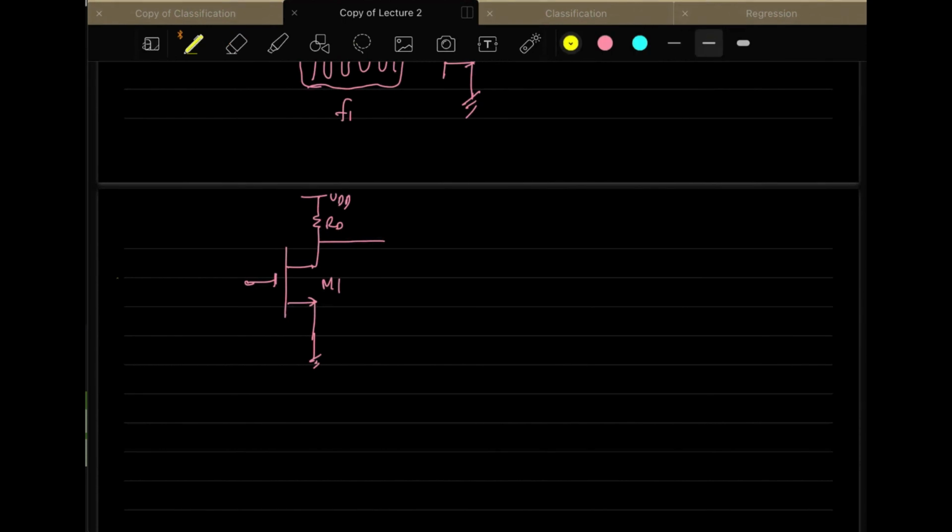So you get something like this as the output for this particular case.